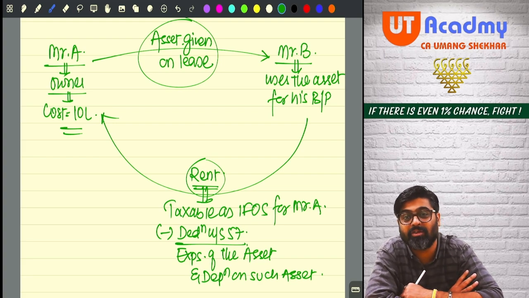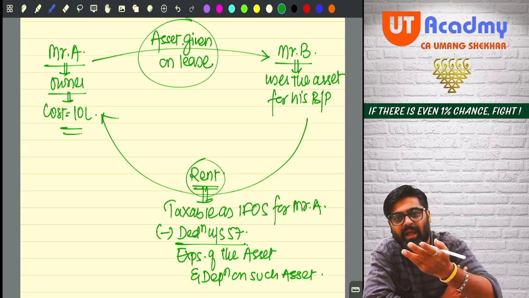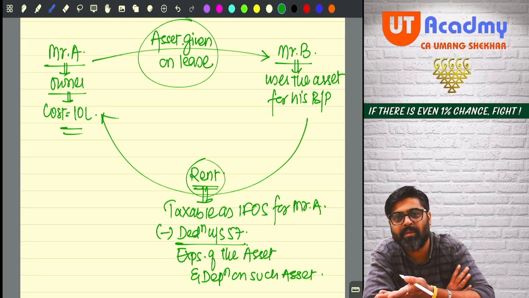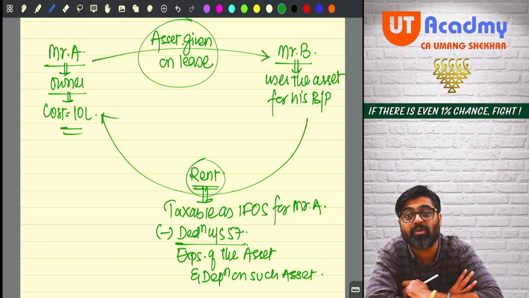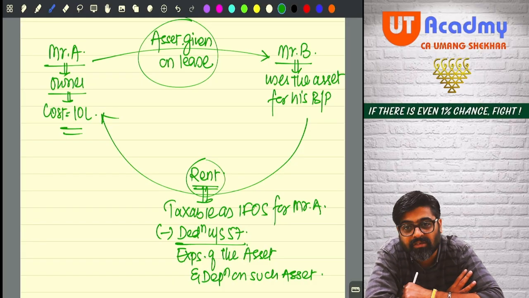And the asset is used in my renting business. So on that asset, whatever cost I have incurred, I will be claiming as a deduction in the form of depreciation under the PGBP head only, because the asset is being used in my renting business. Getting my point, everyone?